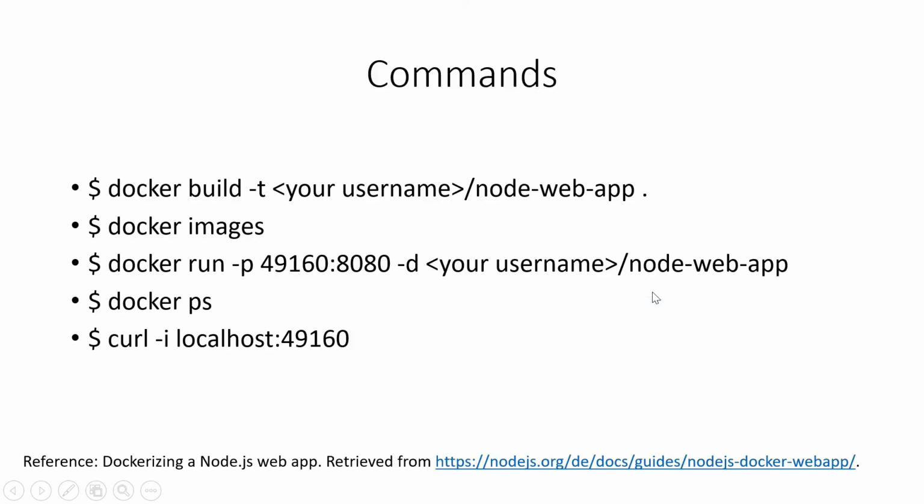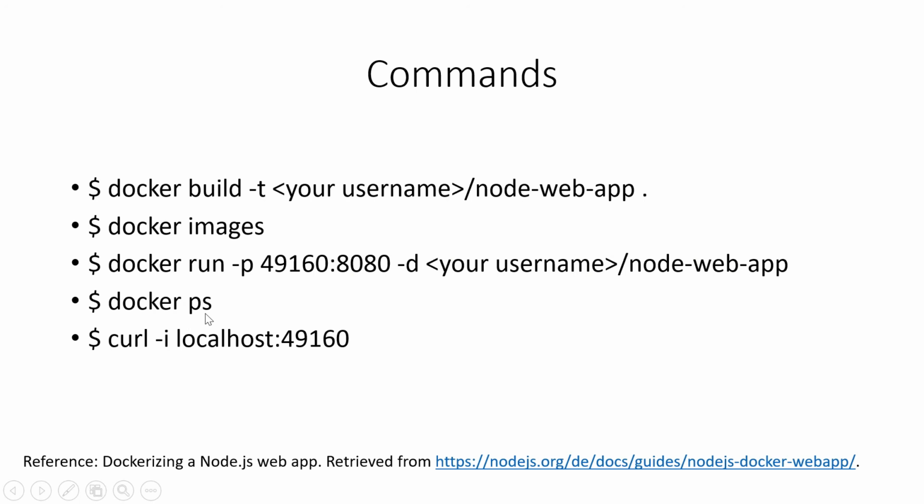Very simple. And then for the rest of the commands, we build the web app with the associated node, and then we build the image and run it with the app.